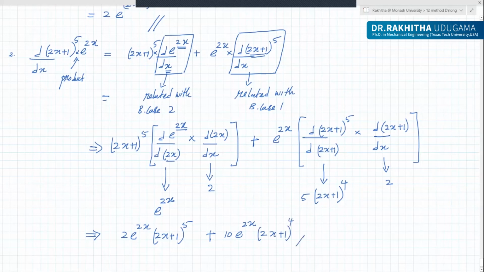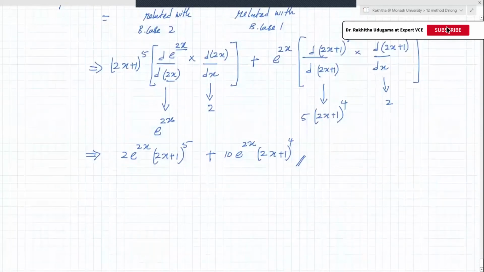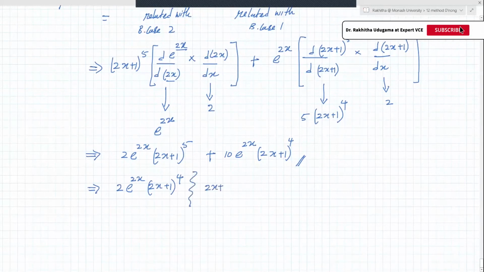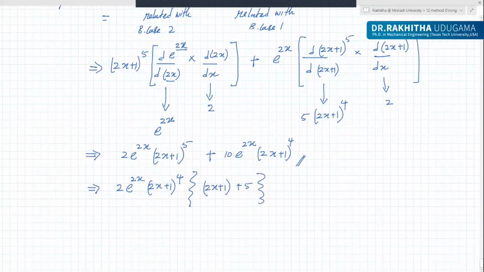That's the answer. And if you want, you can further simplify. You can take 2 out, and e to the power 2x out, and (2x plus 1) to the power 4 out. If you do that, here you get 2x plus 1, right? So here you get, it's just 5, right?